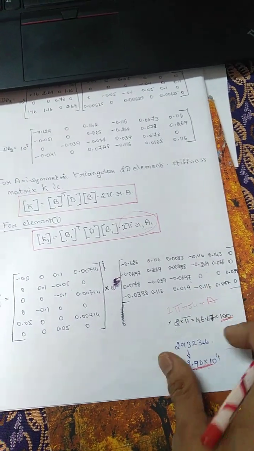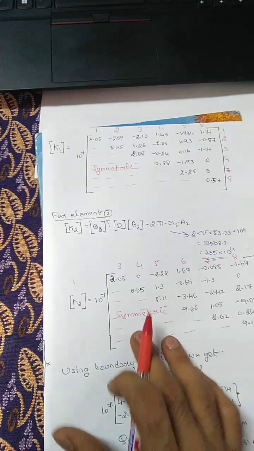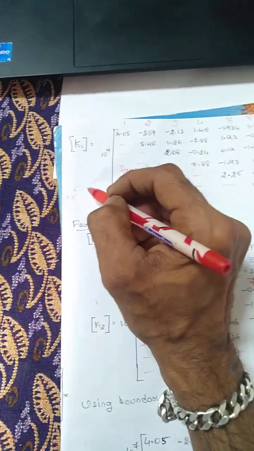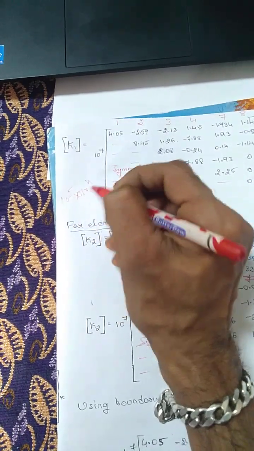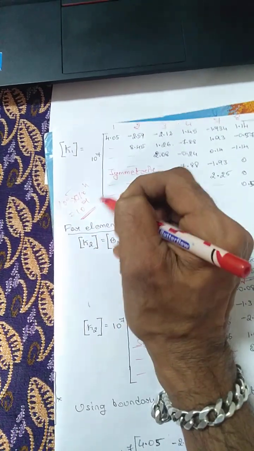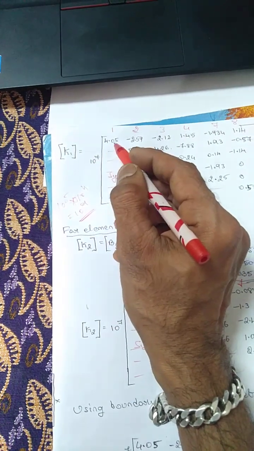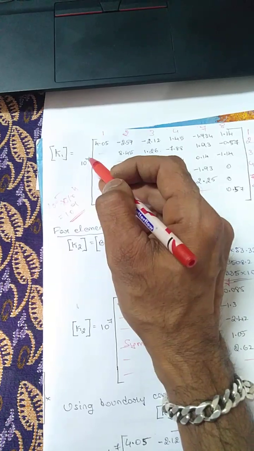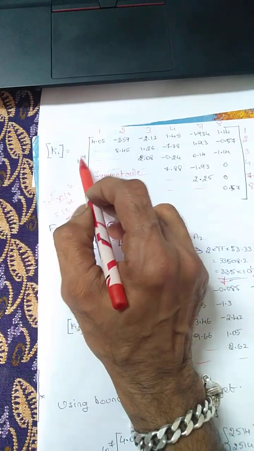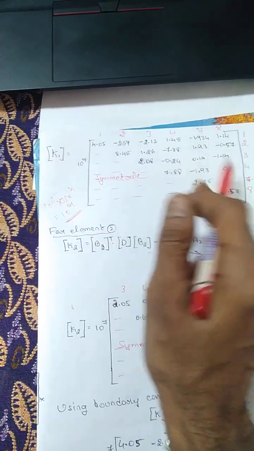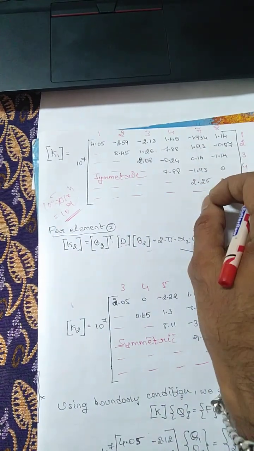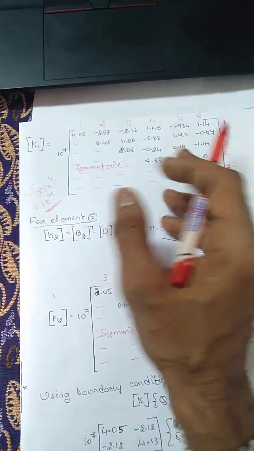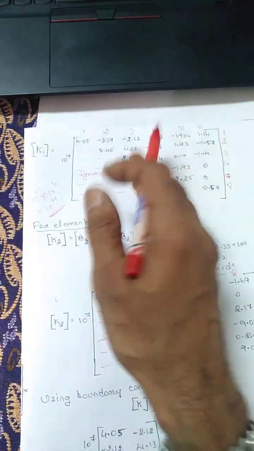In this problem I have taken 10 to the power 2 inside, and only 10 to the power 7 I kept outside, so that I can avoid fractions and get a better answer. You can do it in your own way, in a different method.